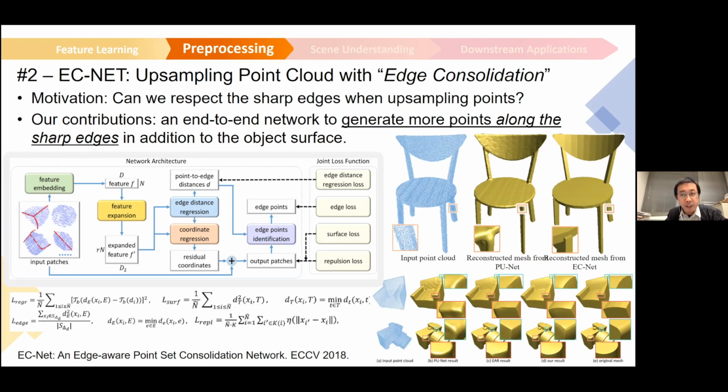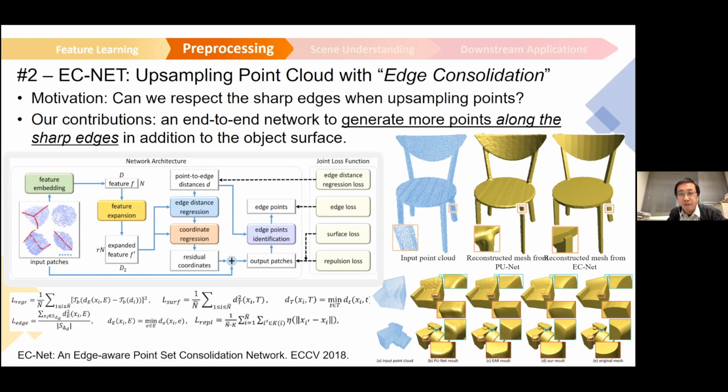After we recover the 3D coordinates, we estimate the distances between each of the 3D coordinates and the annotated edges in the generated point cloud. Then in the network, we measure this distance. If this distance is small, we try to push the points towards the edges, which means that we encourage the network to generate more points on the sharp edges in each patch that is being trained.